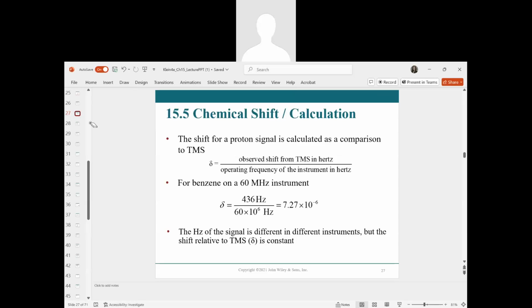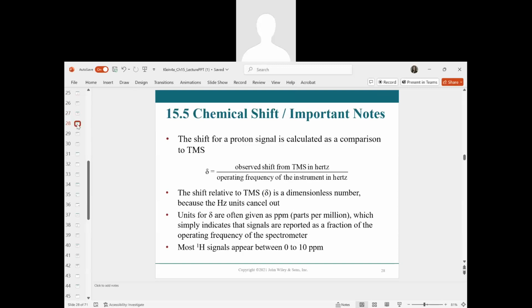So the shift relative to TMS, the delta value, will remain constant no matter what type of instrument is being used, what frequency. So again, this is how the device calculates the chemical shift for us.